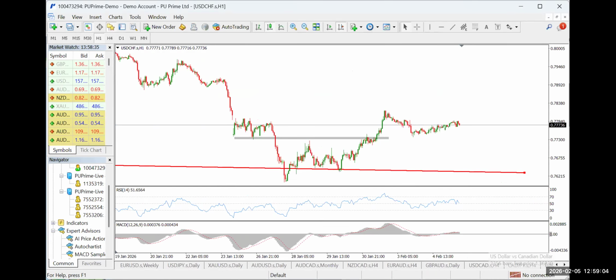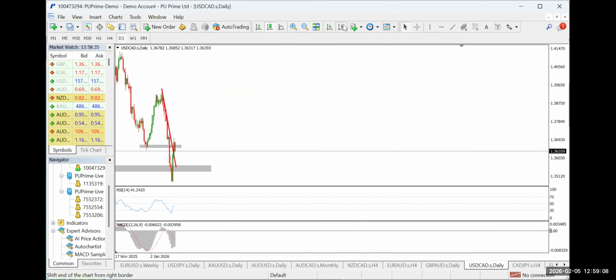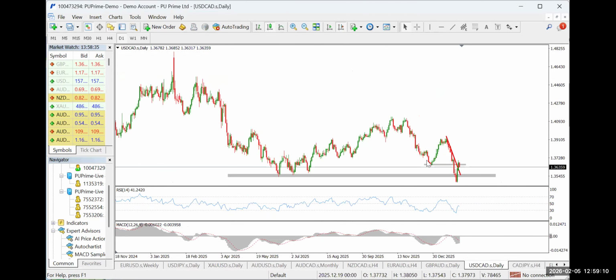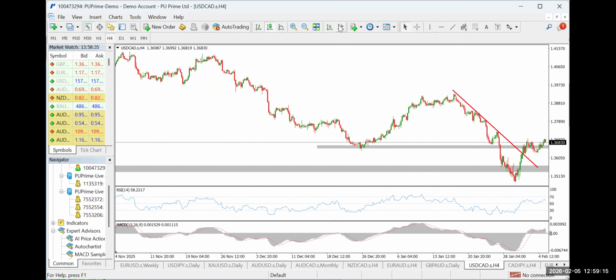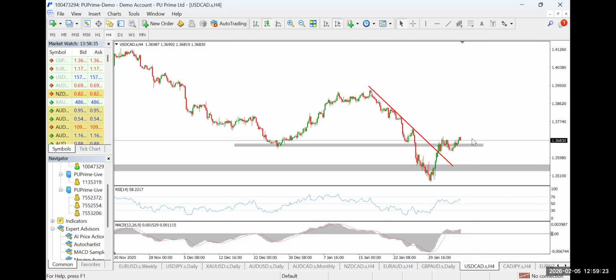So let me check the USD CAD. All right, so this is the USD CAD. The USD CAD too is not showing much clarity.